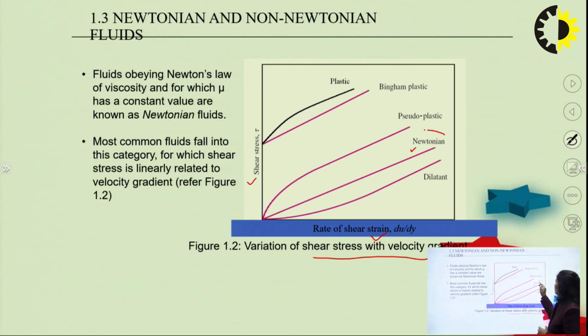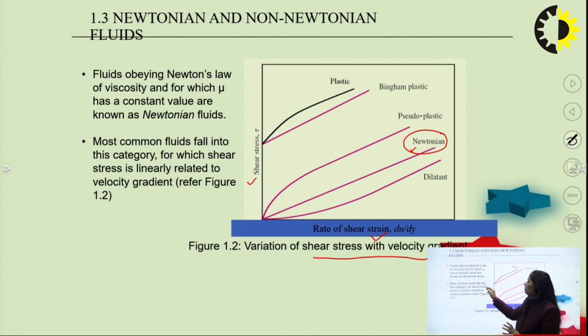So this kind of fluid is called your Newtonian fluid. Other than this slope or this curve, all the other fluids will be called non-Newtonian fluids. Most common fluids fall into the Newtonian category, for which shear stress is linearly related to velocity gradient.